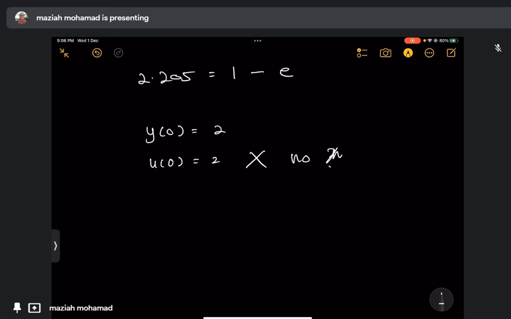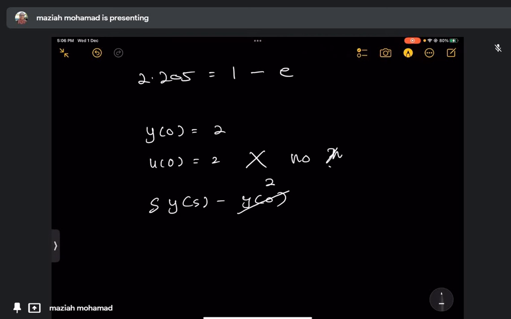But if it mentions y0 equal to 2, you just need to replace it in the Laplace. Later you will have a form, for example sY(s) minus y0. This is first order. If you transform first order into Laplace form, you get this sY(s) minus y0. So here you replace y0 equal to 2.